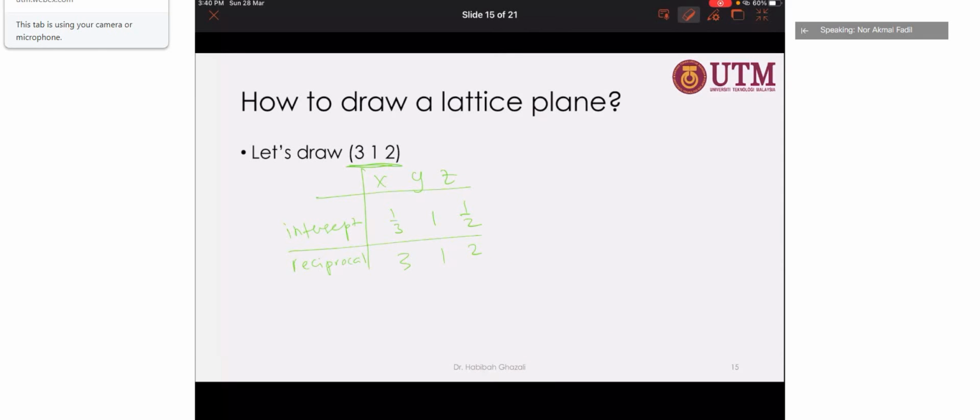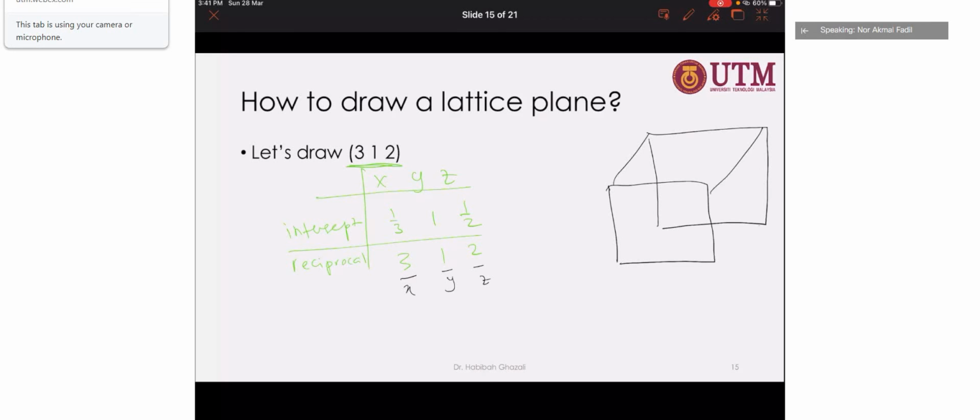So again, we have 3, 1, and 2. This is x, this is y, this is z. Once again, I will show you how to draw these planes. First we need to draw the cube. This is x, this is y, and this is z.